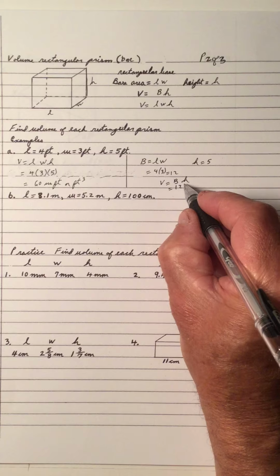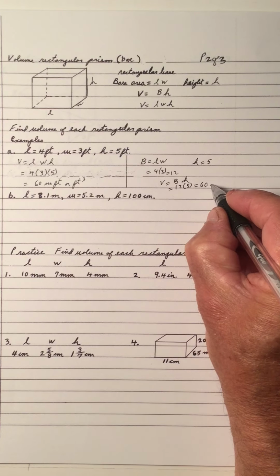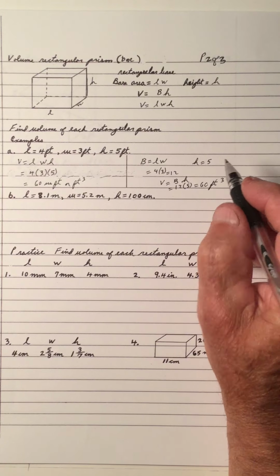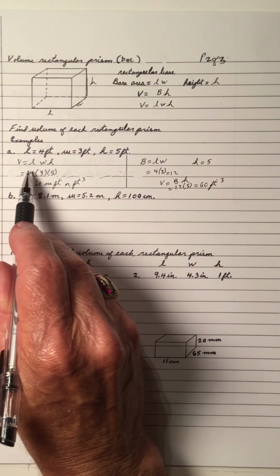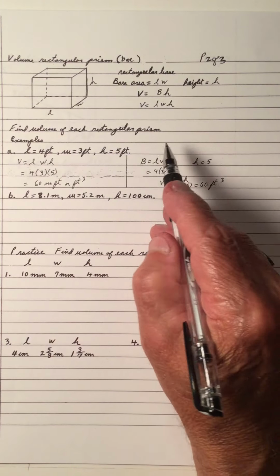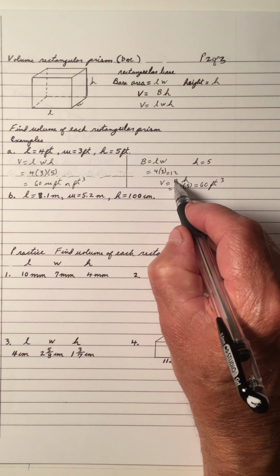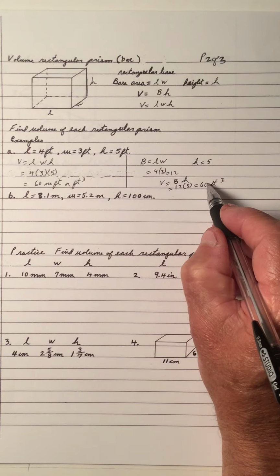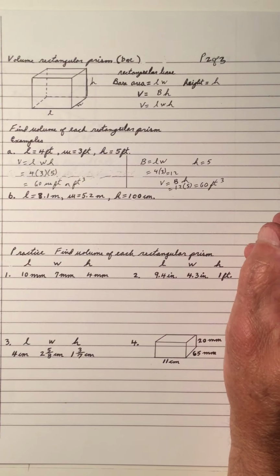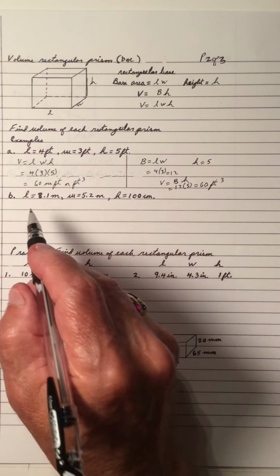So that's 12 times 5, which gives us 60, and is feet cubed. So you can do it all in one, memorizing the formula, length times width times height, and write it all out. Or you can get the base area first to get 12, and then substitute into base area times the height. So your choice. But it's an easy volume formula to memorize, length times width times height.